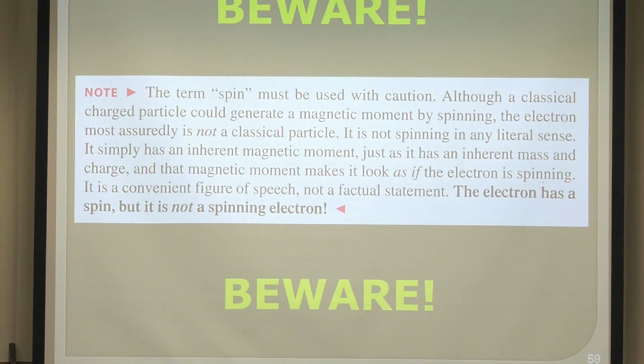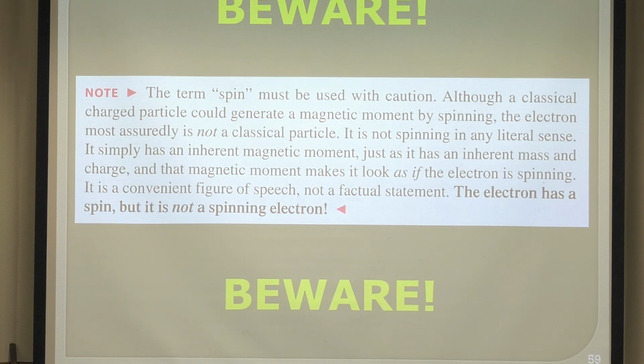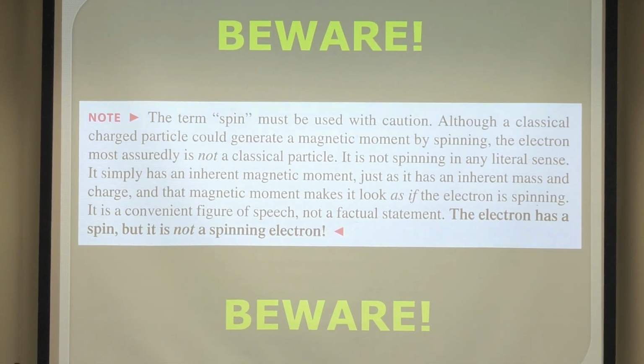All right, whatever. Now, here's what's very, very important. Beware! The term spin must be used with caution. Although a classical charged particle could generate a magnetic moment by spinning, the electron most assuredly is not a classical particle and is not spinning in any literal sense.